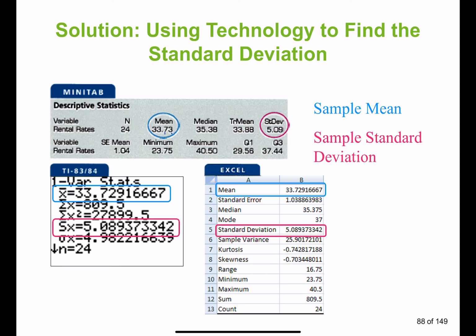Now, there are several programs that do statistical calculation and analysis. One is Minitab, another one is the scientific calculator, the TI-83/84. Well, you don't need to buy it because I gave you a free online calculator link in the announcement.